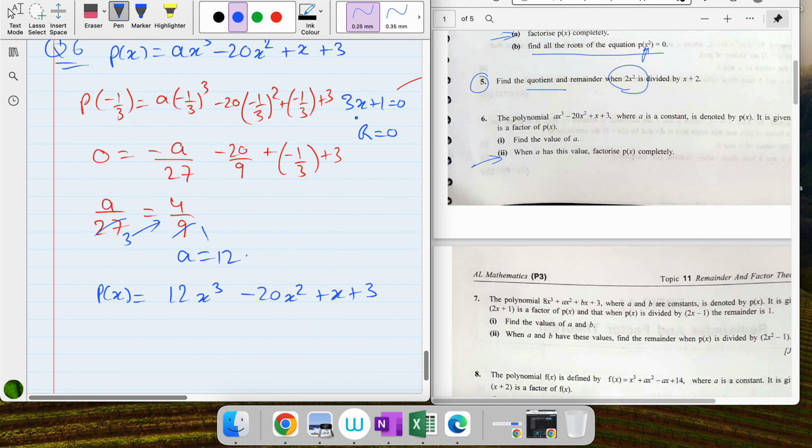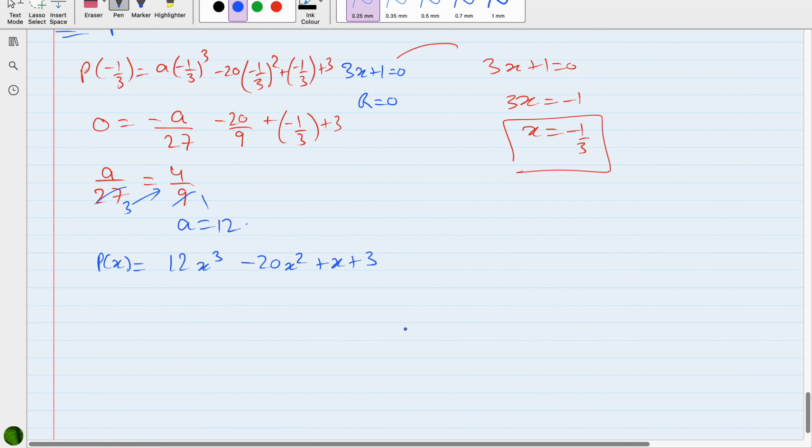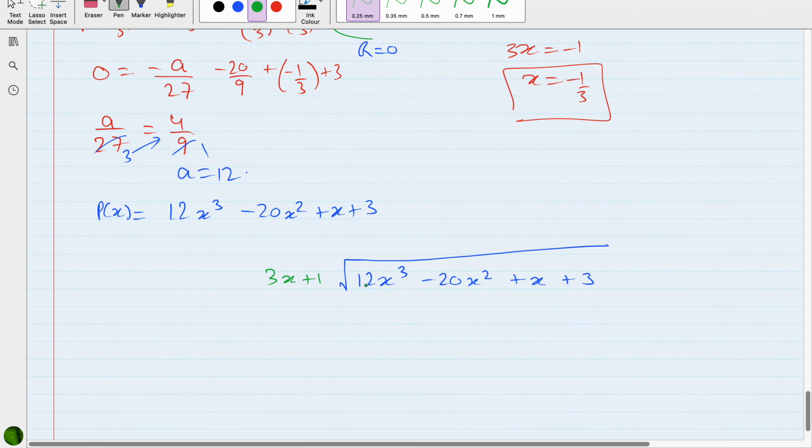And we already have one factor, which is 3x plus 1. So in order to get 12x cube, 3 4 times is 12 and x square. So 3 4 times is 12x cube. This is plus 4x square. Change the signs and subtract them.